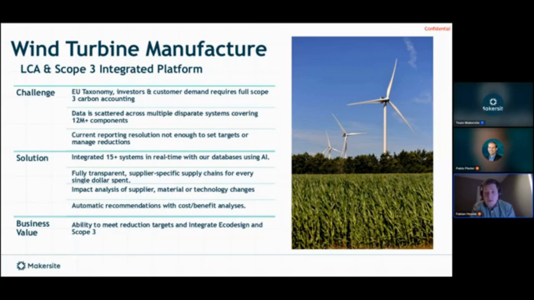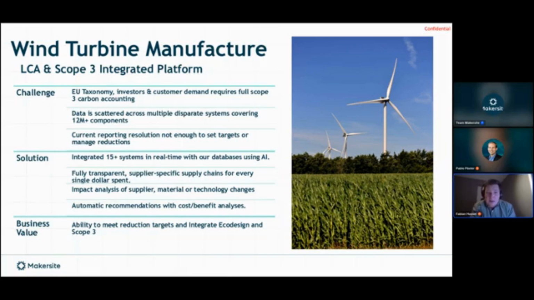What's the resulting solution? Makersite integrated more than 15 systems with each other, using our databases, our algorithm and AI model, to achieve a fully transparent and supplier-specific supply chain for every single dollar spent within that entire organization. We provided them deep insights into the data for impact analysis of supplier, material, or technology changes.